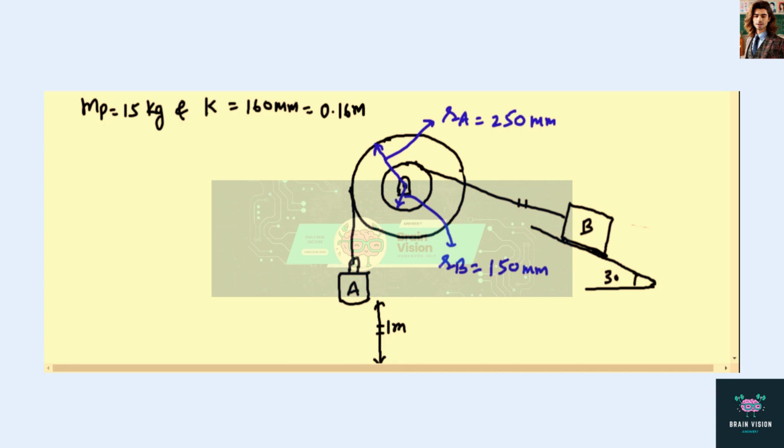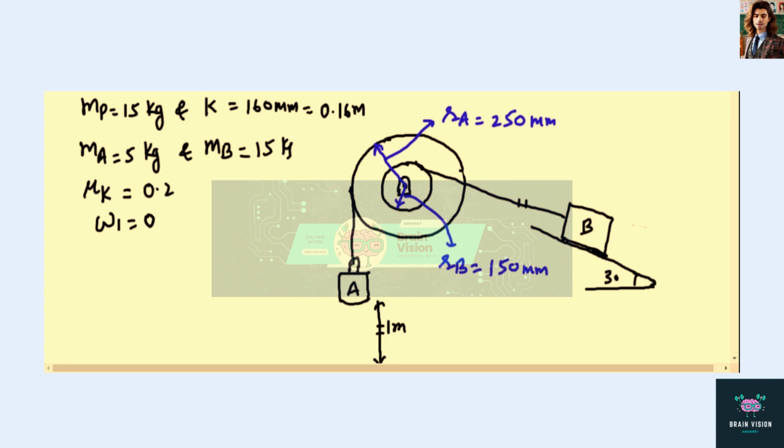The cylinder has a mass of 5 kg and block B has a mass of 15 kg. The coefficient of friction between the block and the surface is given as 0.2.